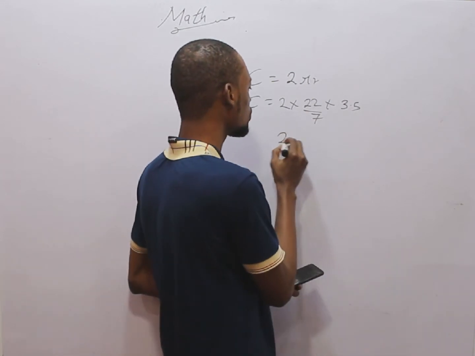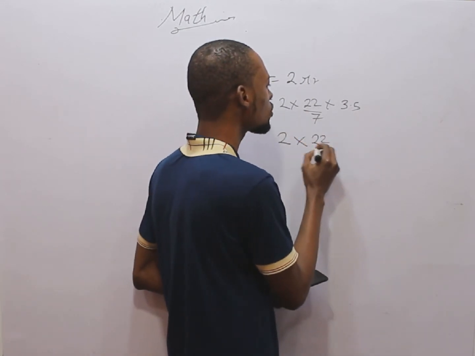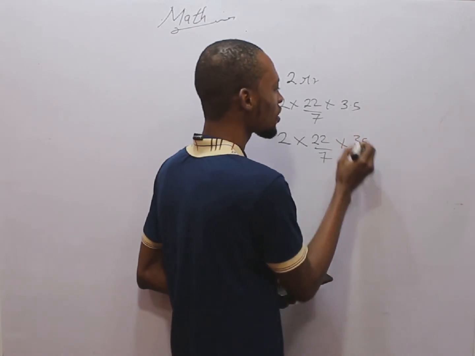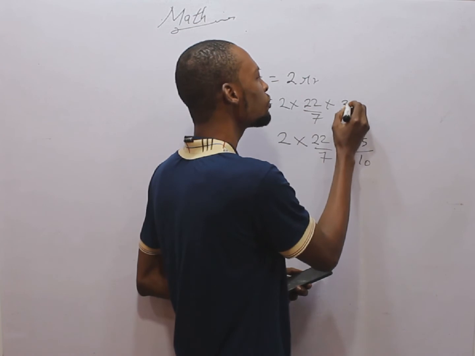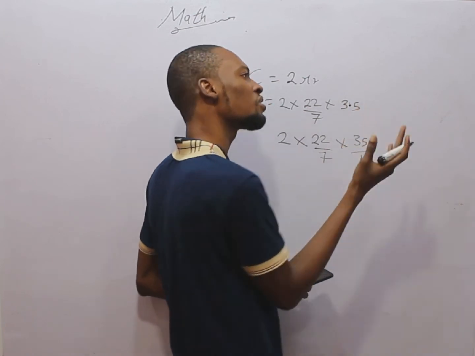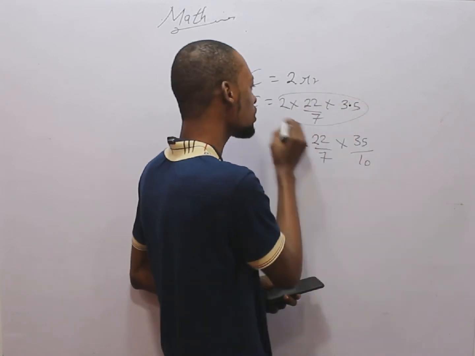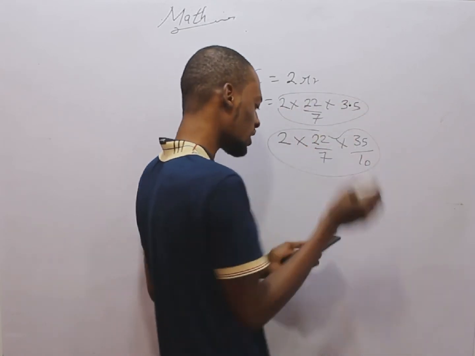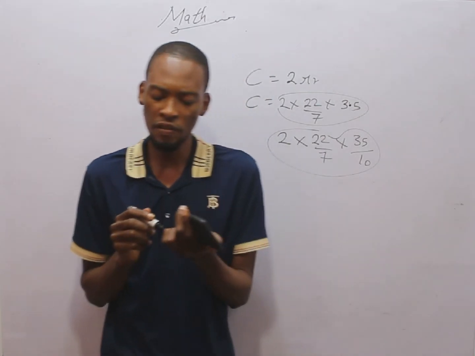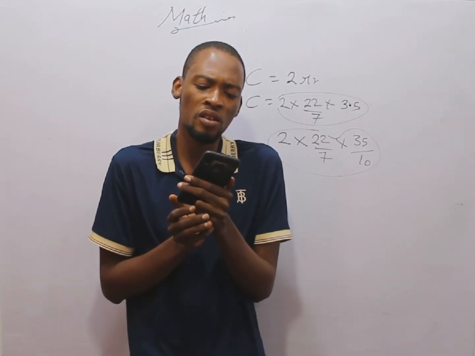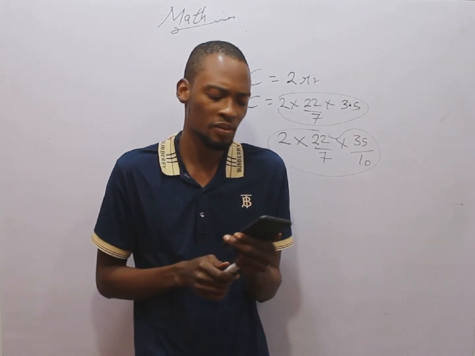This is the same as 2 times 22 over 7 times 35 over 10. The decimal point is here. When you move it once, you get to the end. So since you are moving only once, it is 10 divided by 10. If you choose to solve this way, or this way, you will get the circumference to be 22 centimeter.